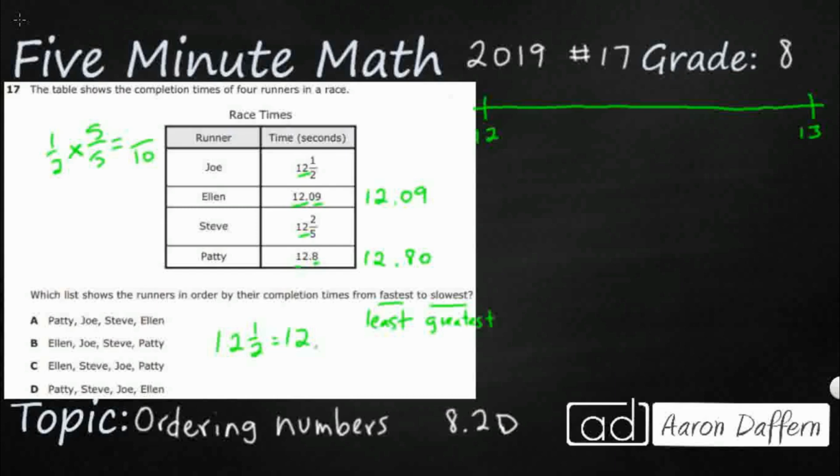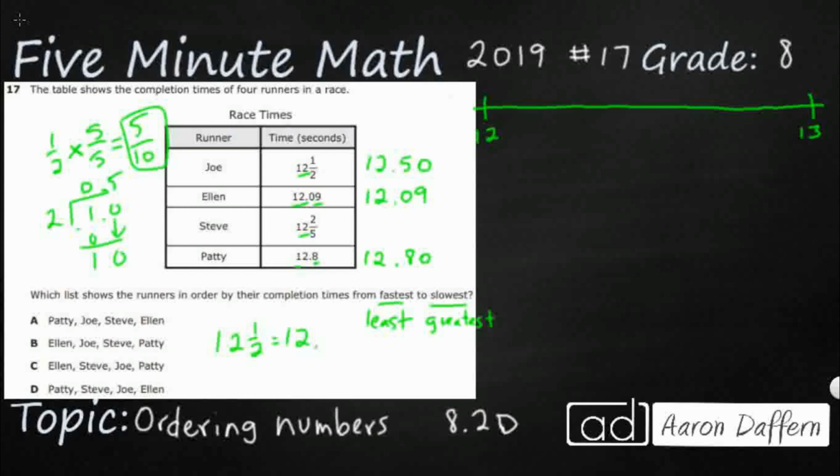So that's going to be 5/10. Or you can just divide 2 into 1, and you're going to get 0.5, which is the same as 5/10. So let's make that 12.5, but let's do the same thing. Let's put 12.50, just so we can see it a little bit easier.